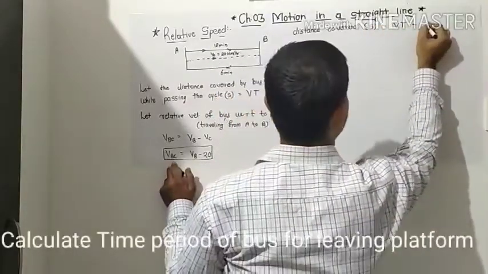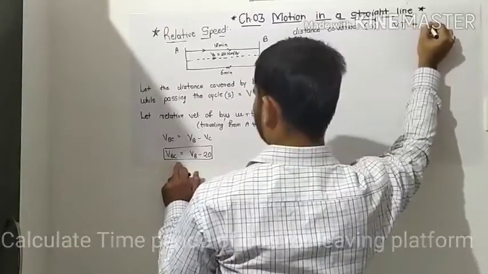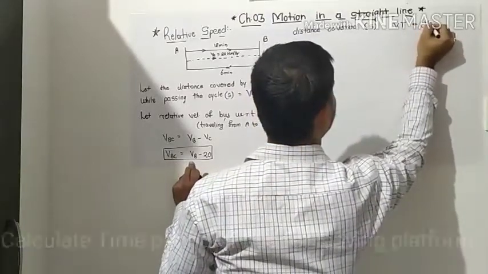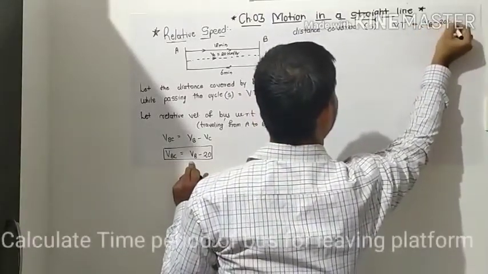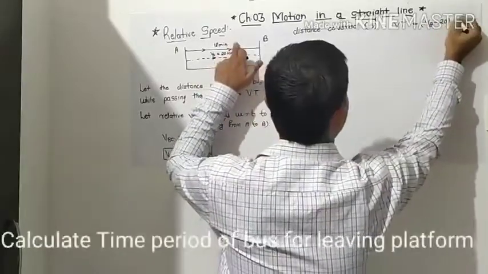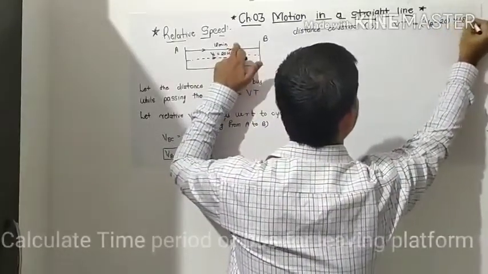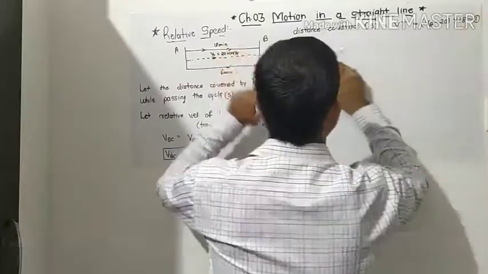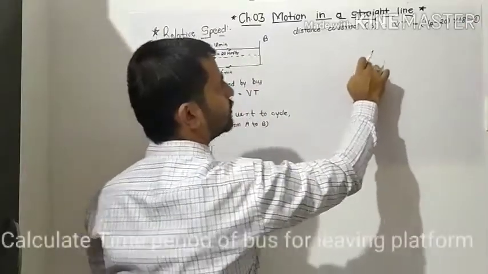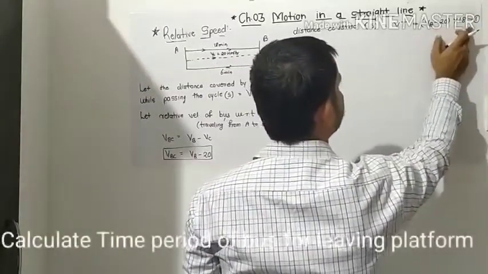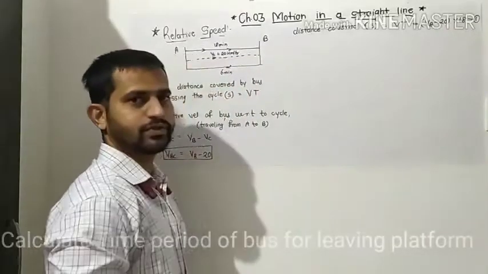It is VBC equal to VB minus 20, and how much is the time? It is 18 minutes. Okay, this is the first equation. The distance covered is VT is equal to VB minus 20 into 18. That is the first equation.